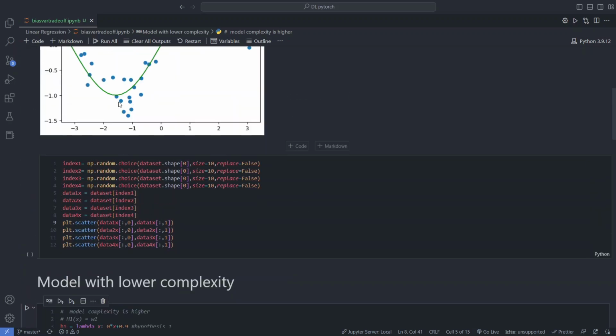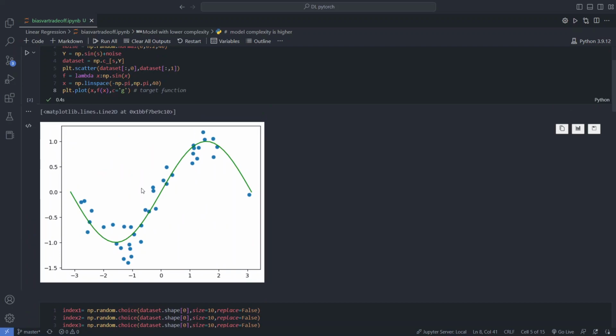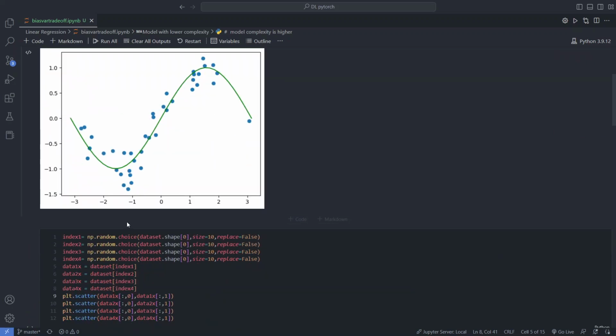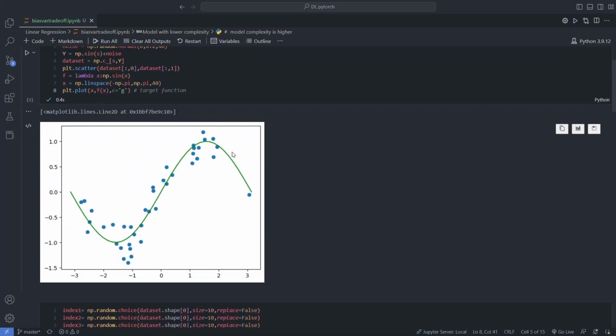The idea is that since we are doing this with 4 hypotheses, we will split this entire dataset into 4 different parts. This sine curve explains the behavior of the entire dataset, so if you split the dataset into 4 parts, the sine curve will also explain the behavior of all those 4 derived datasets.